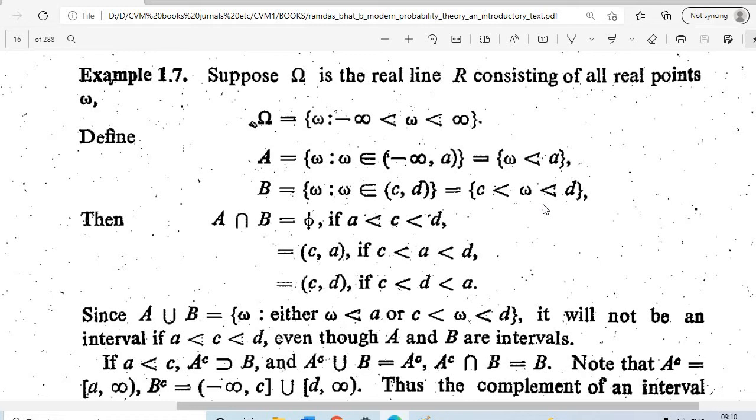In that type of example you can consider this type of sample space: omega is equal to the set of omega such that minus infinity is less than omega less than infinity.